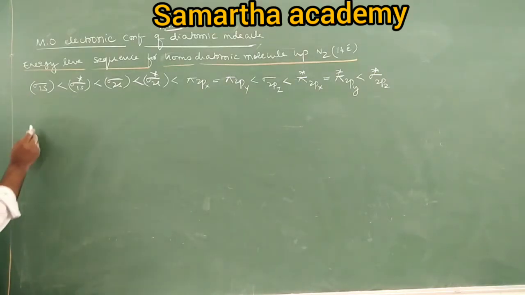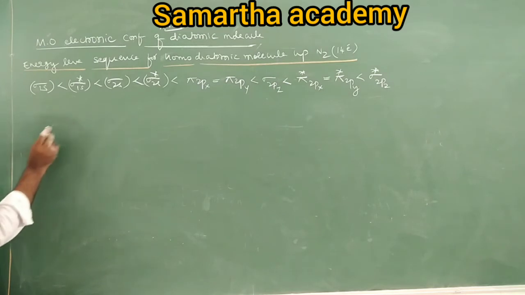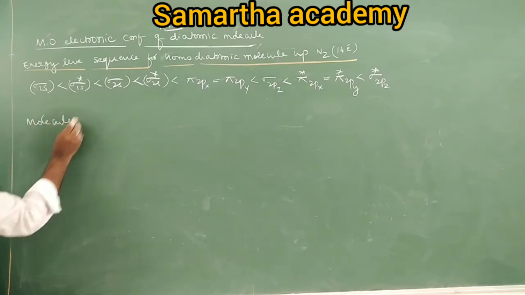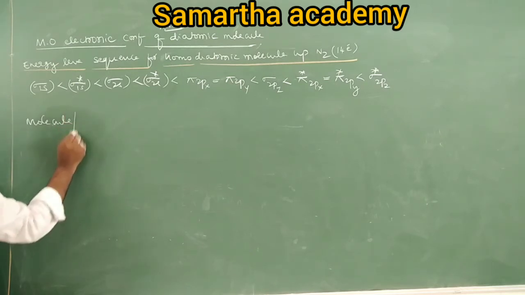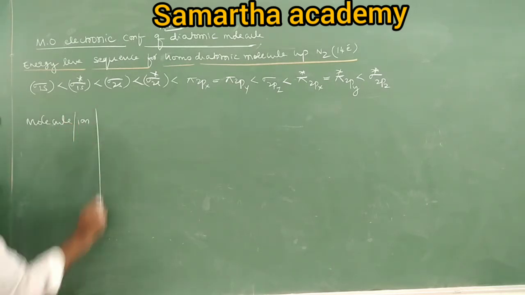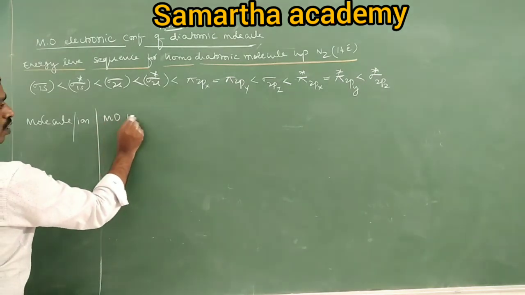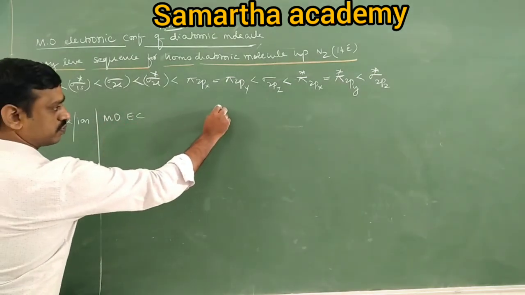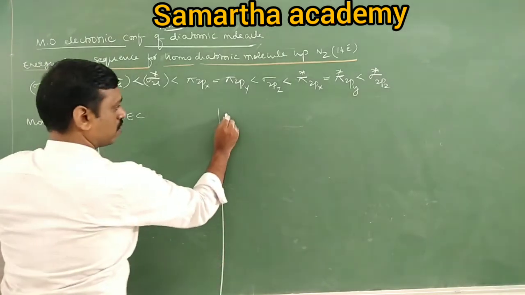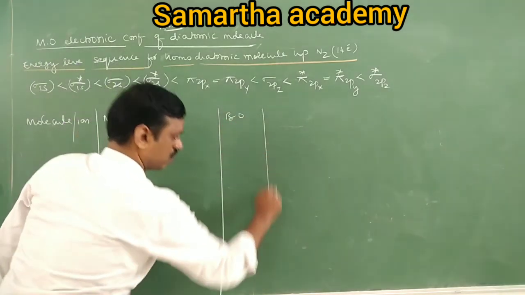Then, for example, if you want to write the hydrogen electronic configuration, H2 molecule, better take one tabular column. First, take down molecule or ion. Next, molecular orbital electronic configuration. Next, bond order.